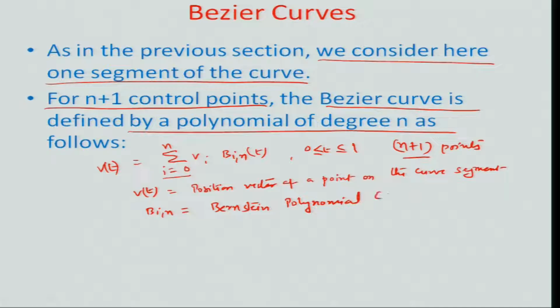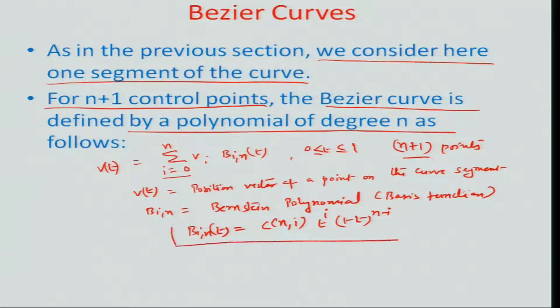This is the basis function for plotting the Bezier fit, and Bi,n(t) can be written as the combination C(n,i) times t to the power of i times (1 minus t) to the power of n minus i. That is how you formulate the basis function known as the Bernstein polynomial in this particular case.